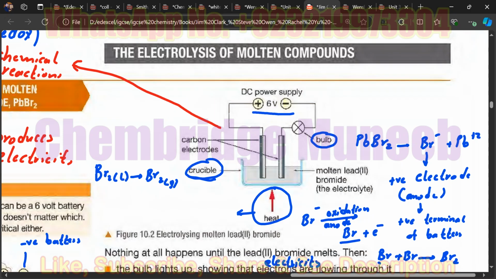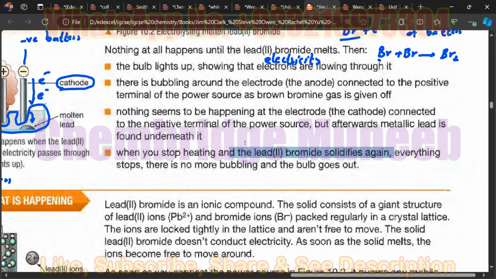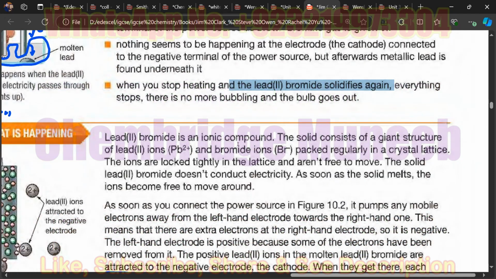Then the solid ionic compound cannot go through electrolysis, so that's the point when electrolysis stops. Is that clear? Yes.